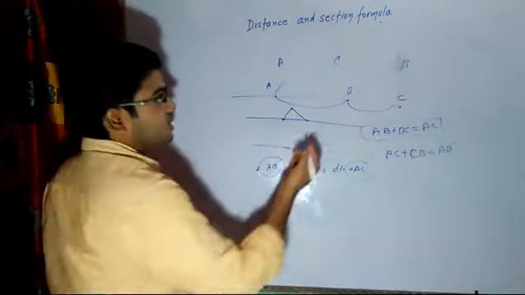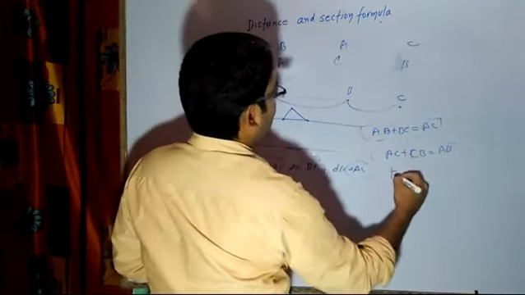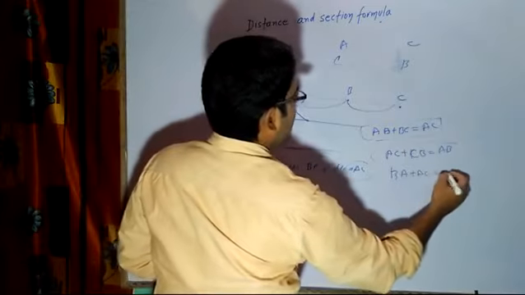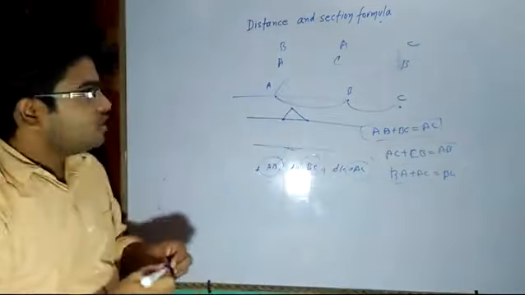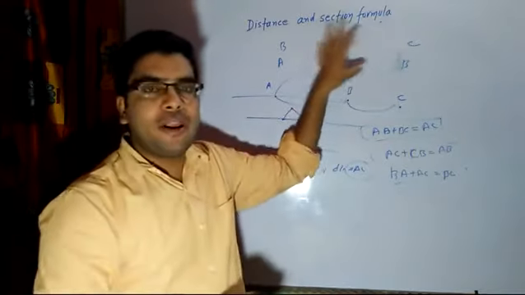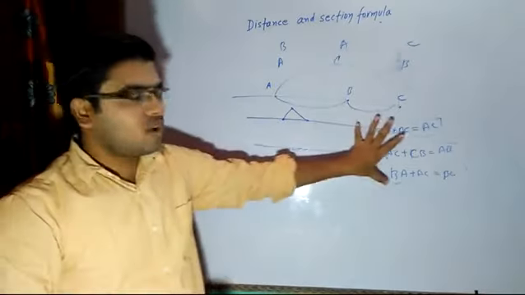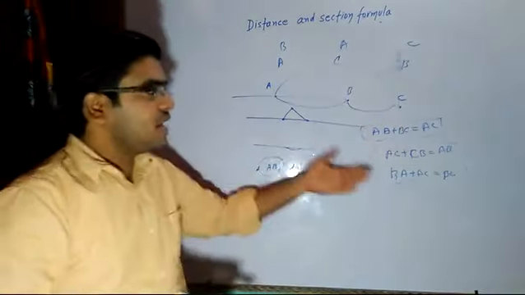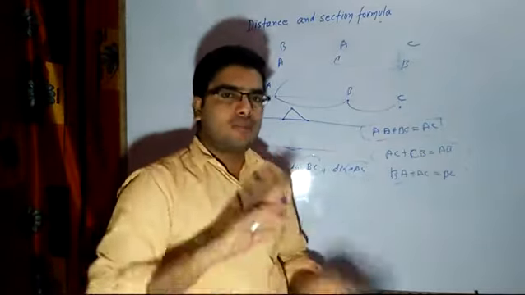Another case can come like A here, B here, C here. So I will have to calculate BA plus AC is equal to BC, and so on. The combination will vary depending upon the naming of the point lying between the other 2 points. Okay, so this is one method, and I feel like this is a bit tiresome. You have to calculate and then analyze.